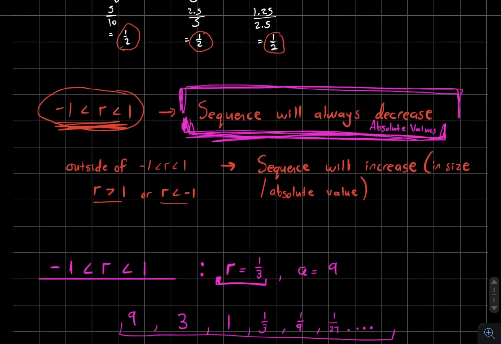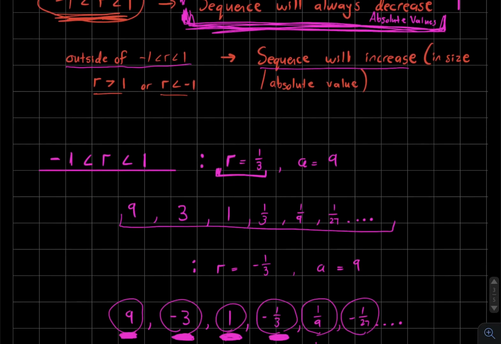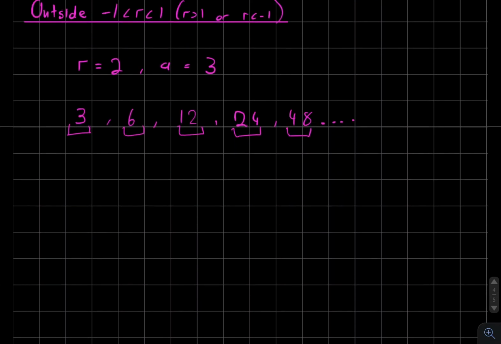And what did our original statement say? That if we have an r that's outside of this interval, the sequence will increase in size or absolute value, ignoring the negative signs. So we don't have any negative signs in this case, so we don't even need to worry about that. But we do see that the terms increase. Let's look at another example where we have r equal to -2, a equals 3.